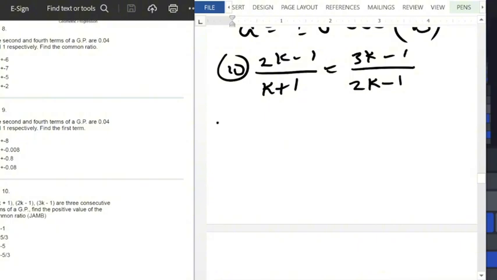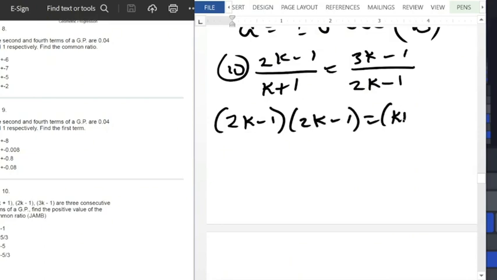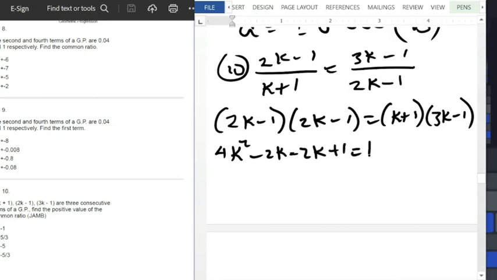So we now cross multiply. So we have 2k minus 1 multiplied by 2k minus 1 equals k plus 1 into 3k minus 1. So we have 4k squared minus 2k minus 2k plus 1 equals 3k squared minus k plus 3k minus 1.